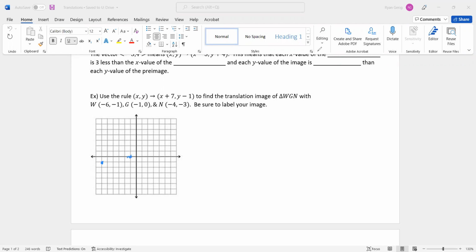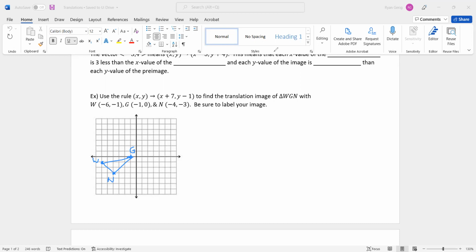And then N is left 4, down 3. All right, so I'm going to go ahead and draw that triangle and label it W, G, N.